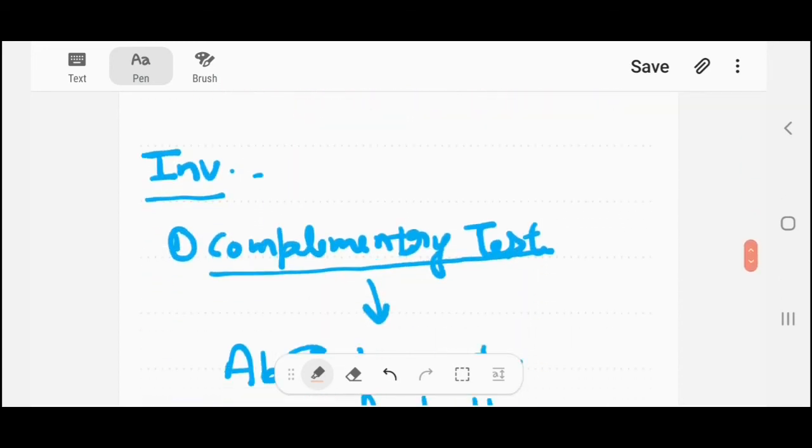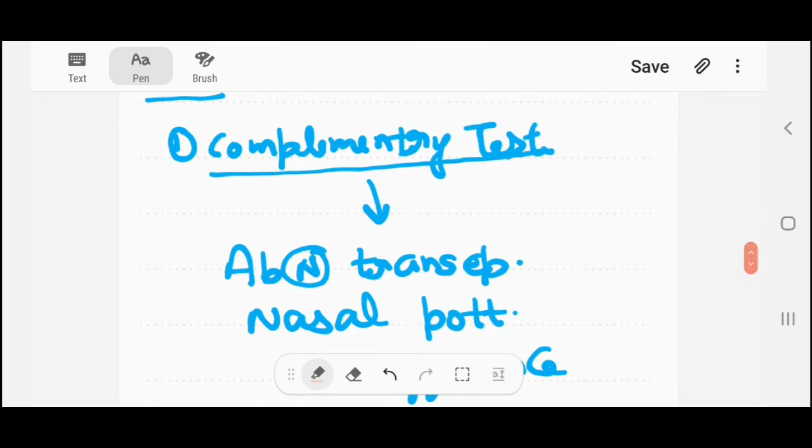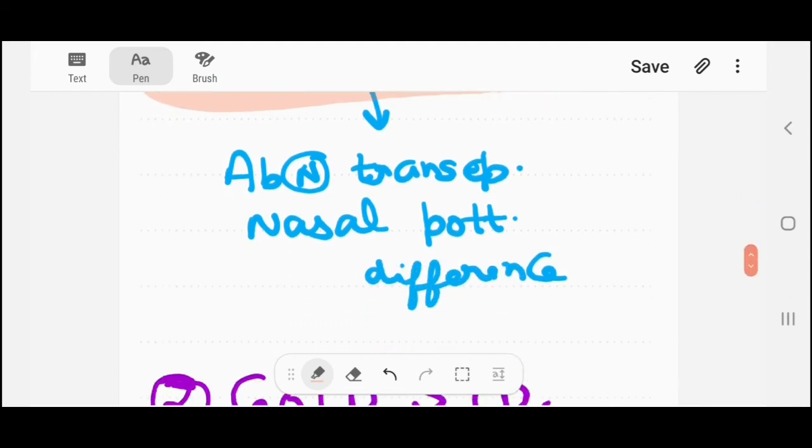Now guys, a very important question: what is the complementary test? The answer is the abnormality in the transepithelial nasal potential difference.